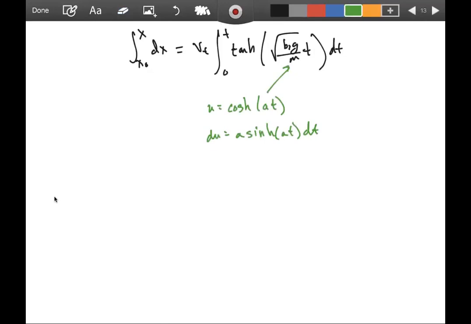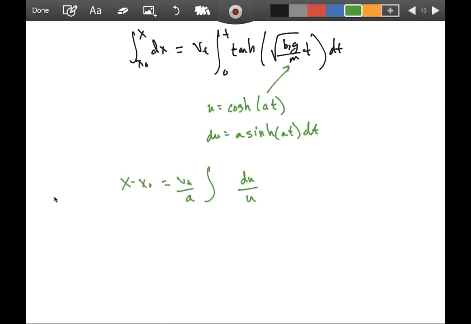Putting that in, if I take du divided by u, that's the same thing as my tangent here, so this thing is actually just going to give me a natural log. So I get x minus x initial equal to my terminal velocity divided by a, because that is divided out of both sides here, times the integral of du divided by u, so a natural log.